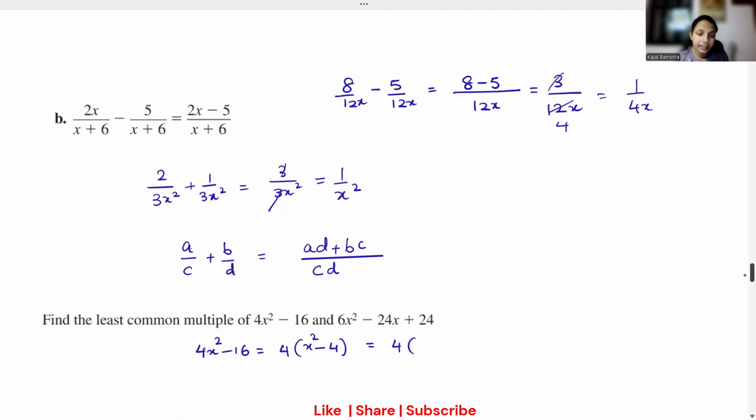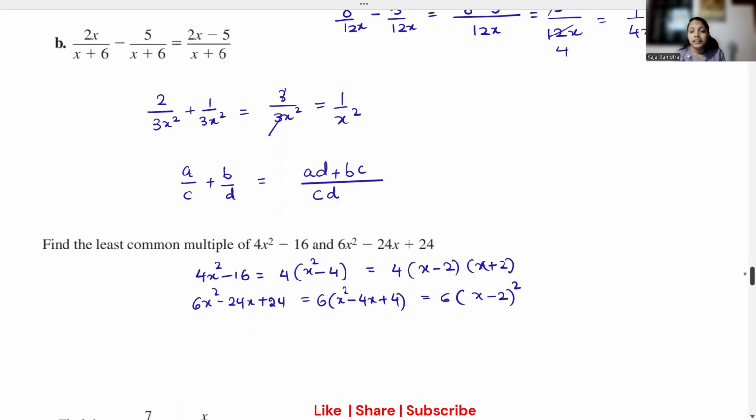I can write x square minus 4 as x minus 2 and x plus 2. Now look at the other polynomial, 6x square minus 24x plus 24. Taking 6 common, x square minus 4x plus 4, it is 6 times x minus 2 whole square.